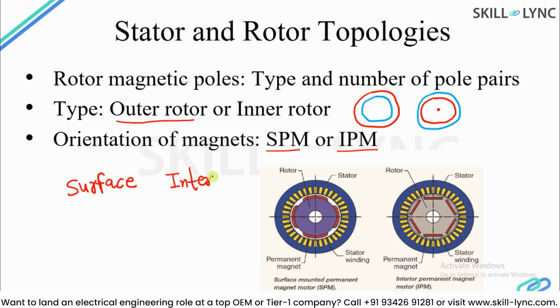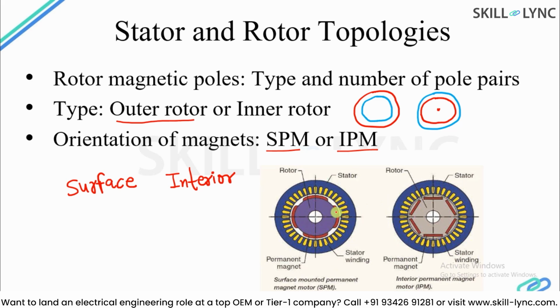The interior permanent magnet motor offers more advantages here because it is well embedded into the rotor core, and the arrangement of the permanent magnets, or we can say the flux available from these permanent magnets, is going to be more effective than in the case of a surface permanent magnet.